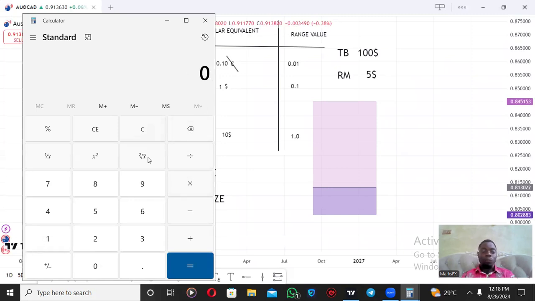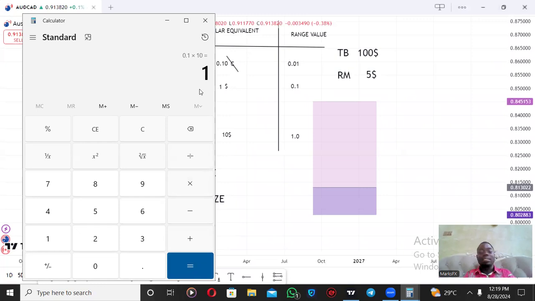So for that 0.01 lot that you want to test, it will be 0.10, which is your 10 cents. Because this 0.01 is equivalent to this 10 cents. You multiply it by that 10 pip stop loss that you have here, and it's $1. So that means if the market goes against you, you are going to lose $1.